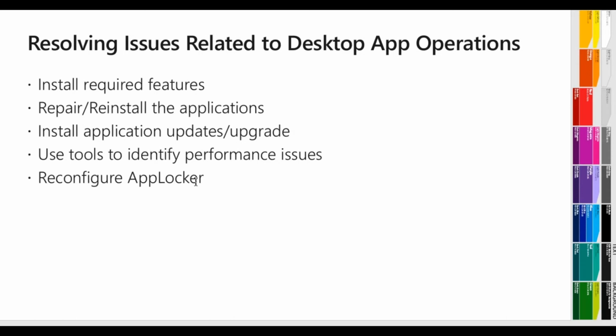Install required features. Repair or reinstall, that means uninstall and reinstall again. Install the update. Sometimes an update will fix certain applications, so updates are very important. Or use tools to identify performance issues, which we have looked at in the last sections: Task Manager, performance monitoring, event logs. Event logs will definitely help you. And reconfigure the AppLocker. Maybe something to do with this AppLocker.